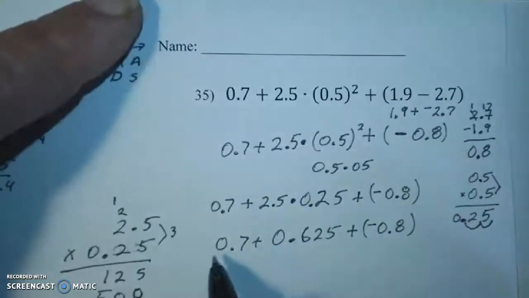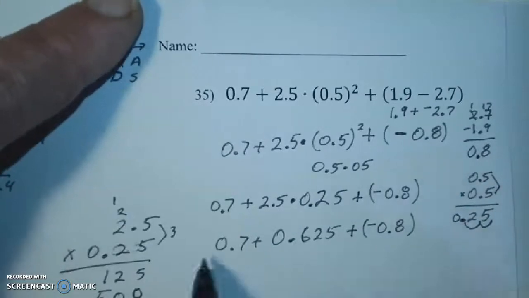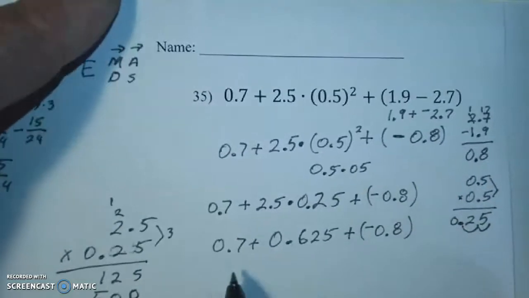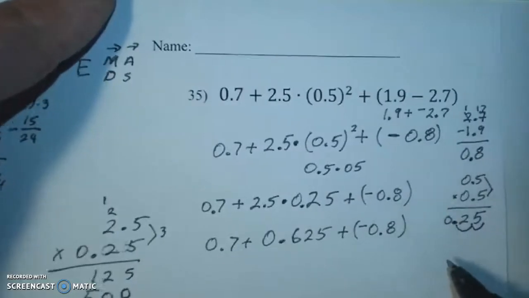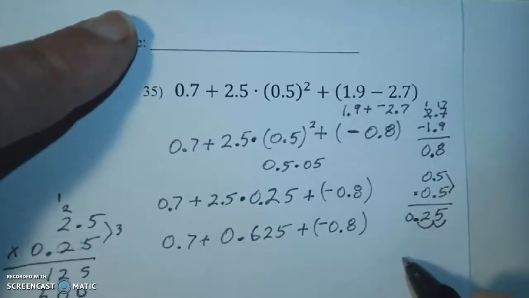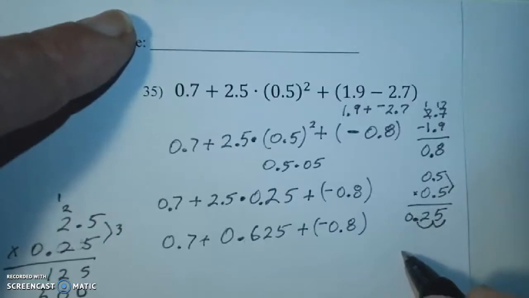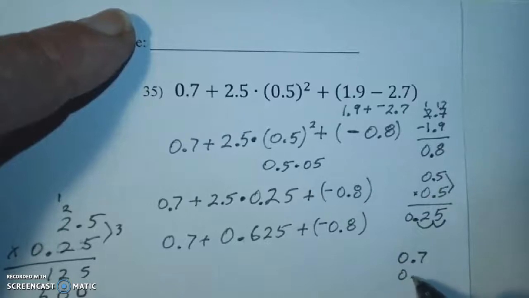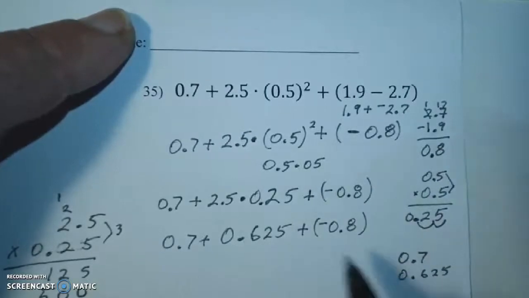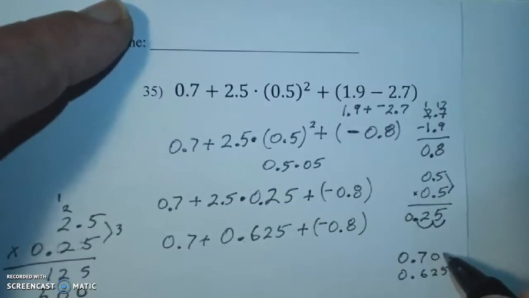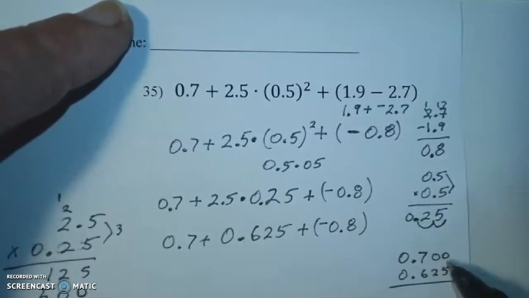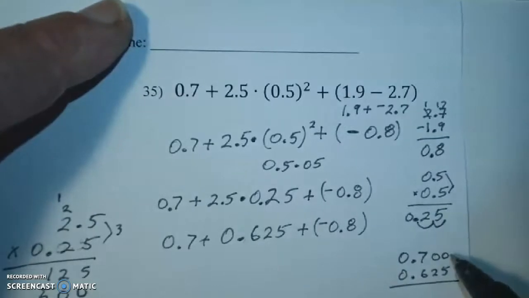All right, all we're left with is adding and subtracting, combining integers. I'm going to go from left to right, so I need to add these two numbers. Again, off to the side. When you add and subtract, you line up the decimal points. So the 0, the decimal point, 625. These are the same signs, so we're going to add them. I'll fill in with zeros to help remind me that there's nothing really to add to it.